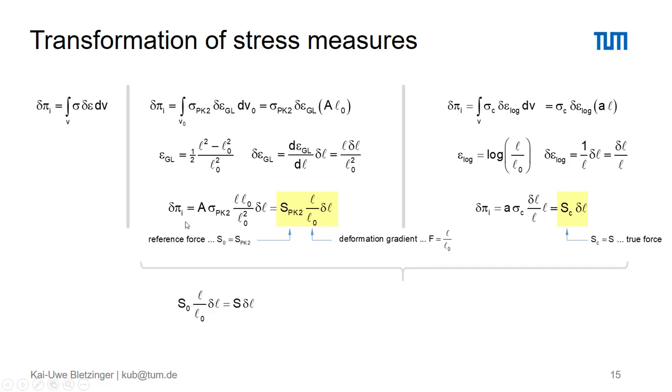Okay, now we identify that we should have the same value on the left side and on the right side, that the virtual internal energy remains, of course, the same no matter what measurements we take. And then we can take this equal to that, we just repeat it, taking the reference force in this notation and the actual force in this notation. And you see the delta L just drops out, and we can reorder what we see on the left hand side, and you see we just receive this ratio of the reference force over the reference length.